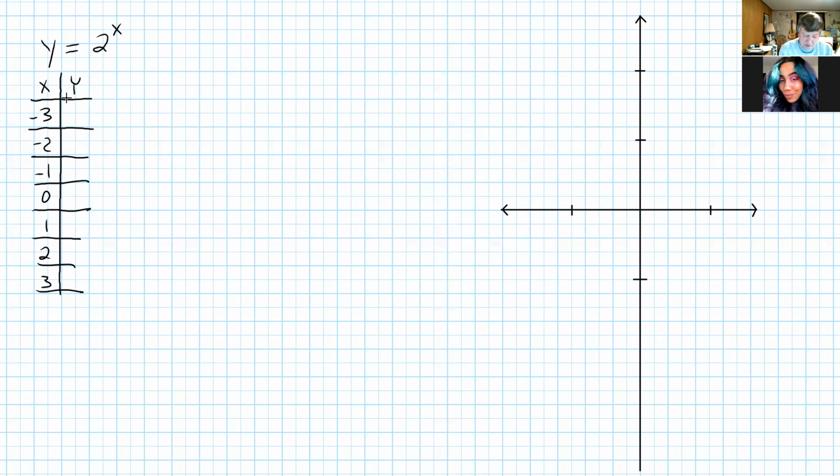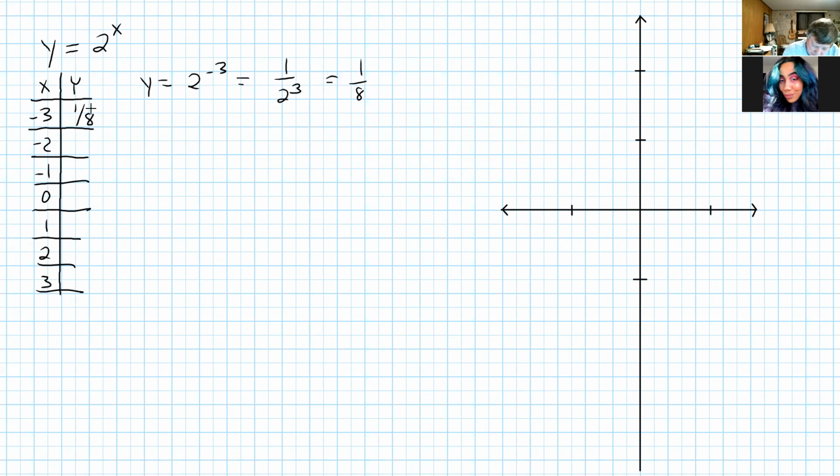If x is -3, then y equals 2 to the -3 power, which would be 1 over 2 to the +3 power, or 1 over 8.